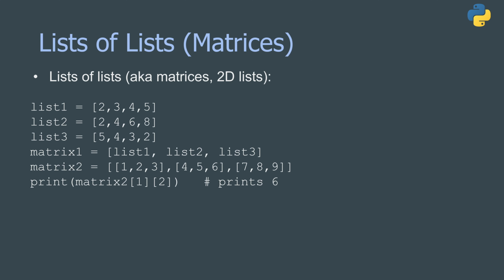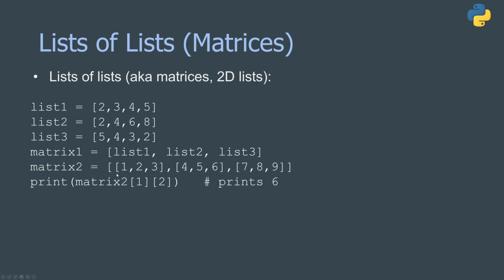All right, so what's kind of confusing about this is how do you get the individual values of a matrix or of a list of lists? Well, that's what this last example is all about here. So we've got matrix 2. Matrix 2 is a list of lists, right? So the first square bracket here makes perfect sense. It's saying, give me the second element of matrix 2, because index 1 is the second.